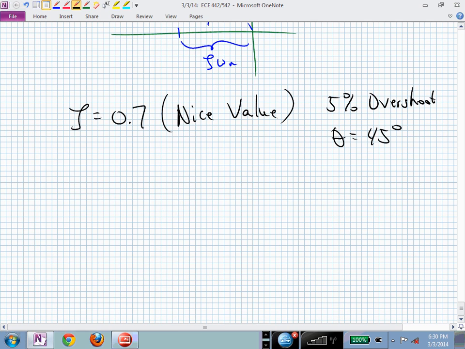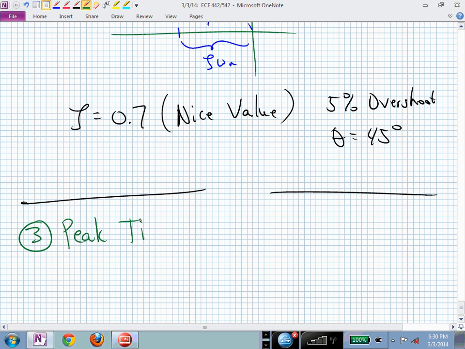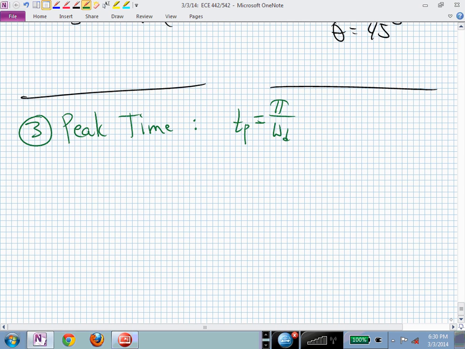We've looked at settling time and percent overshoot. Let's now look at one more, which is the peak time. Time to peak was pi divided by omega sub d.